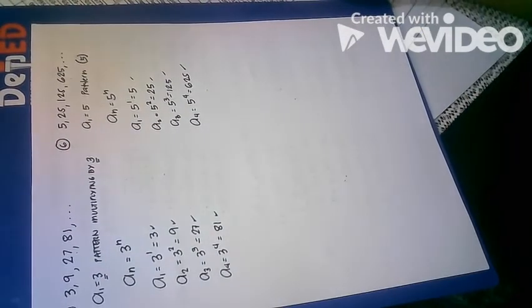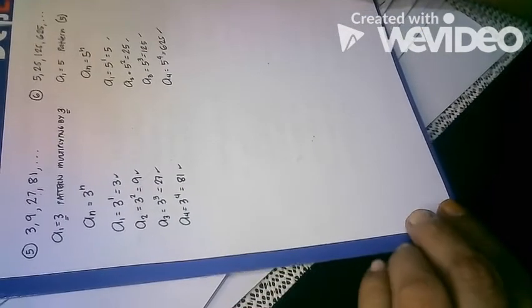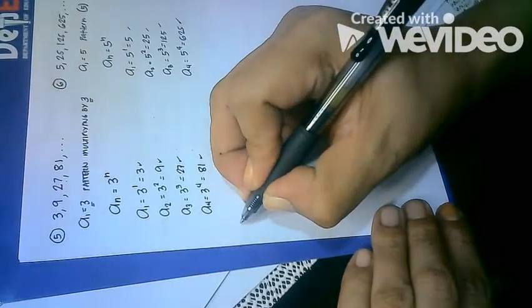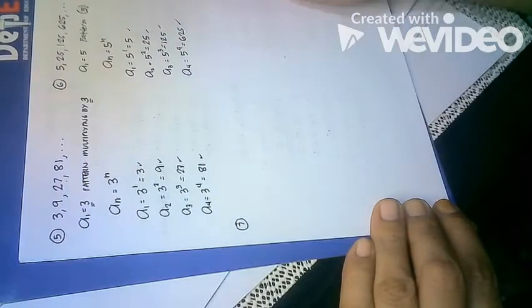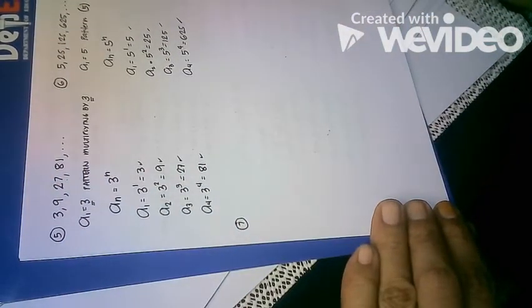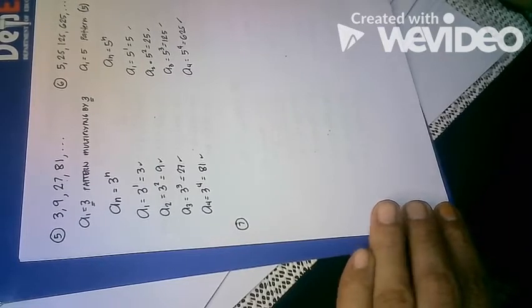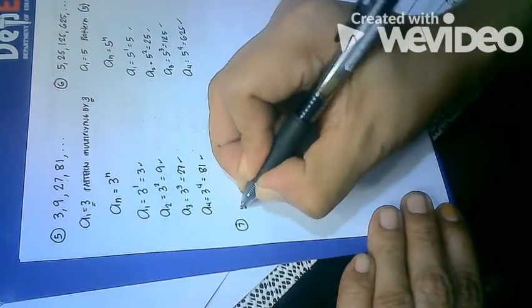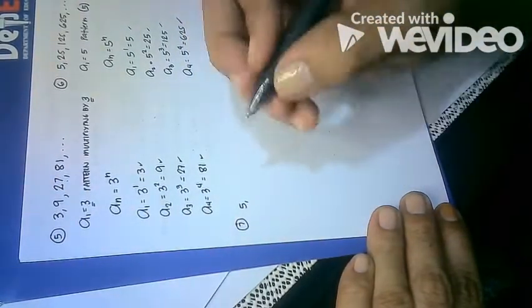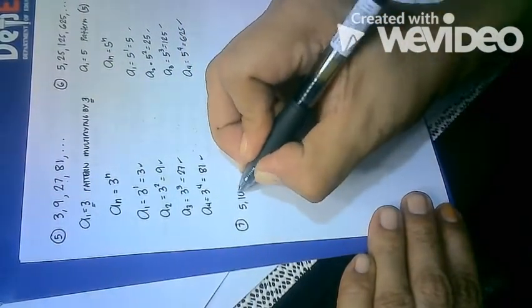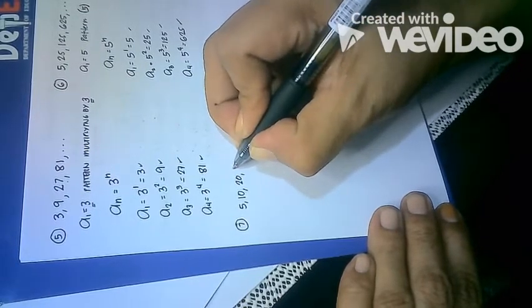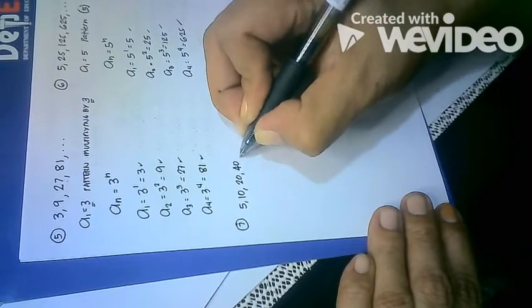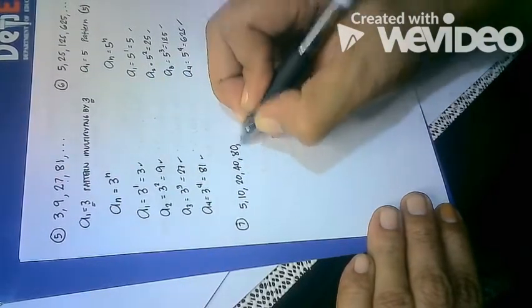Okay. So another example. The first term is not equal to the number in the pattern to be multiplied to obtain the next term. Let us say it starts with 5, but the pattern is multiplied by 2. So 10, 20, 40, and 80, and so on.